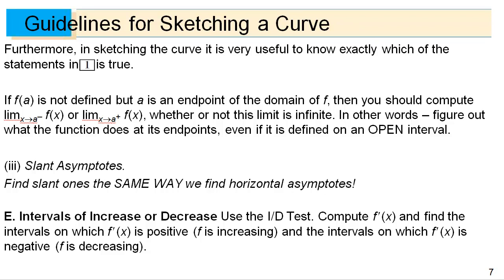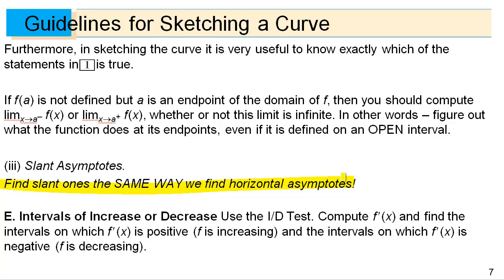It's just that slant asymptotes only occur when we have a rational function where the degree of the top is 1 degree bigger than the bottom, or in some other cases where we have other types of functions where we do the same kind of limiting idea, and it's left with, after you do some algebra, basically a linear function, a y equals mx plus b, and then plus some remainder that goes to zero, right? That remainder has to go to zero as you go out to infinity or to negative infinity.